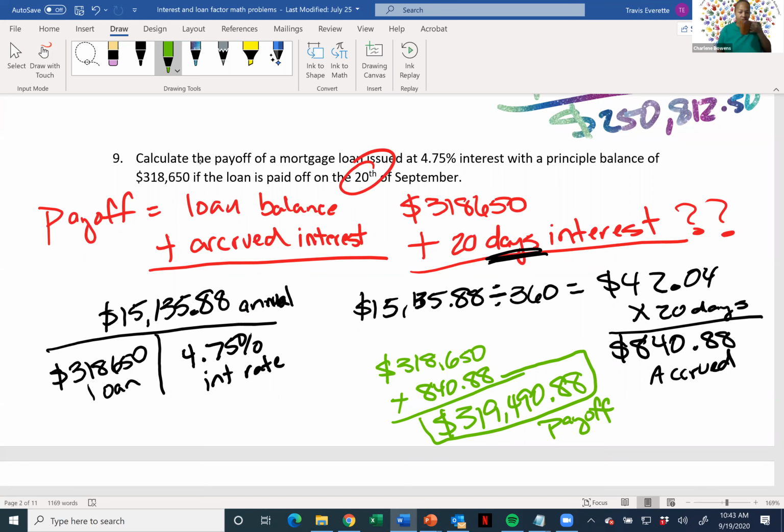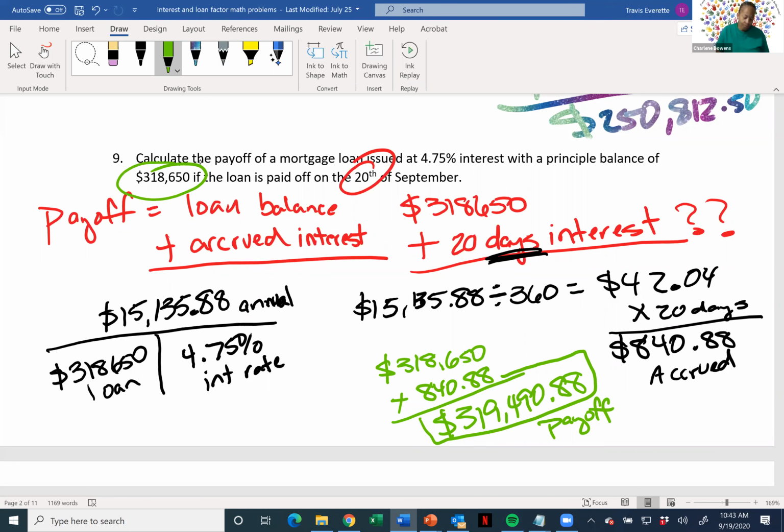Yep. You could, and that's why this is so useful, because you can actually sit there and show the seller, because otherwise they don't think about this stuff. If you don't tell the seller this, how much do they think their loan payoff is? How much do they expect to pay when they get to closing? 318,650.